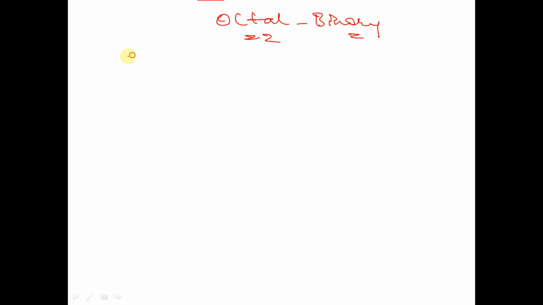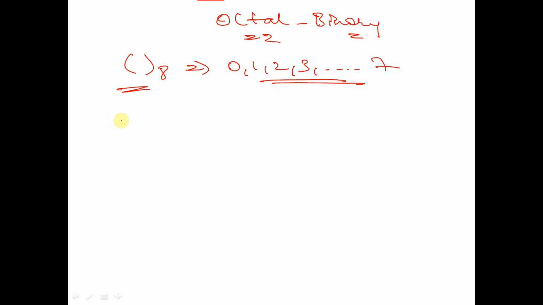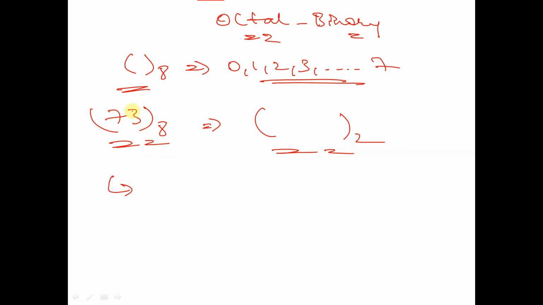Octal numbers are the numbers with base 8, and we have octal digits starting from 0 to 7. If we have an octal number, say 73 to the base 8, and we want to convert it into base 2, then the first step is we should convert each digit into binary.